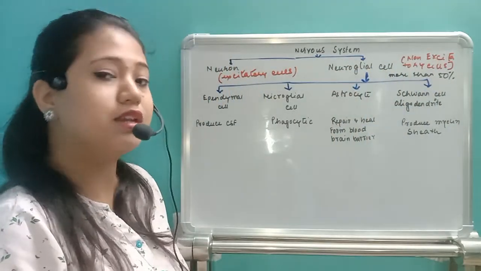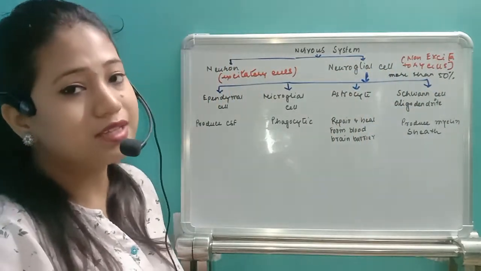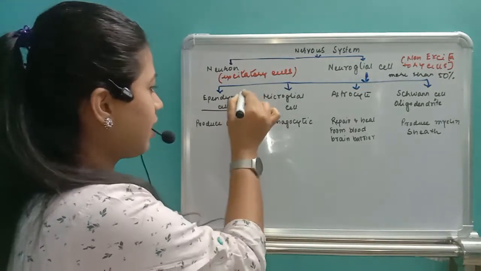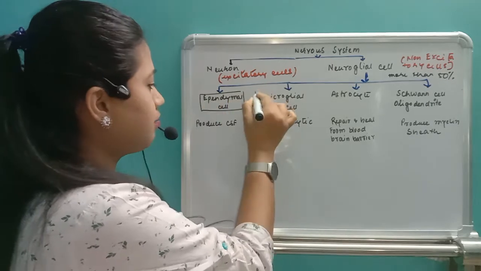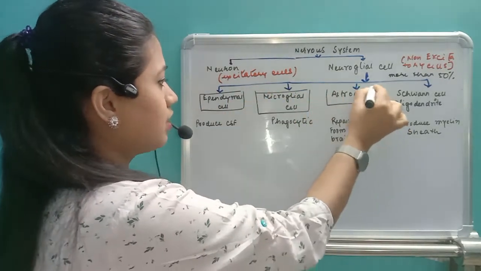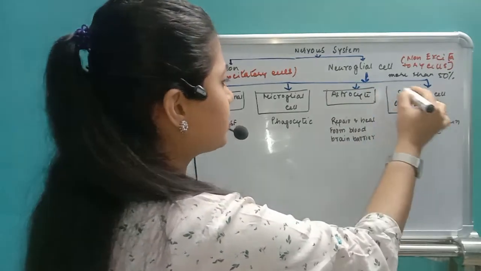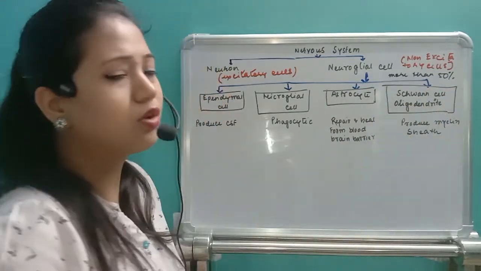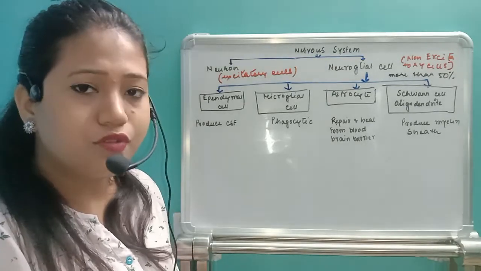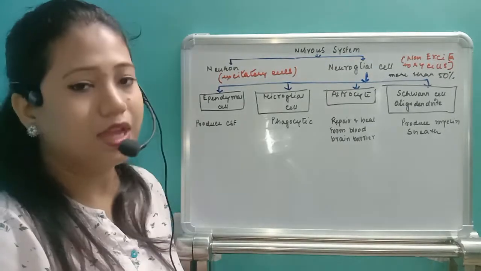Now we will see the different types of neuroglial cells we have. We have seen here these are ependymal cells, then microglial cells, then astrocytes, then Schwann cells, and another we have, that is oligodendrocyte, but function wise they are the same. So first of all, just see what the ependymal cells are.